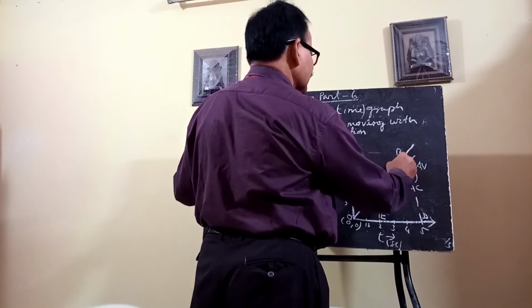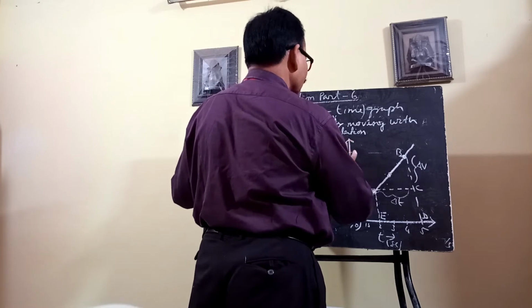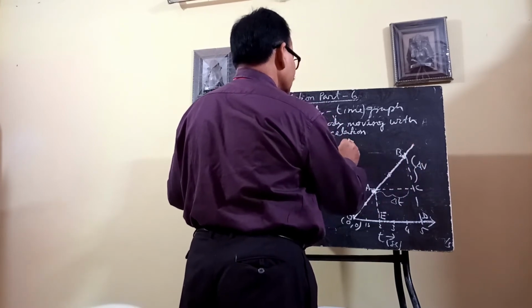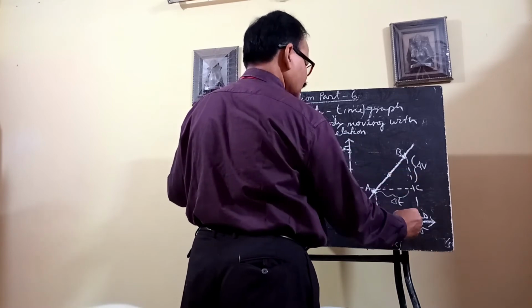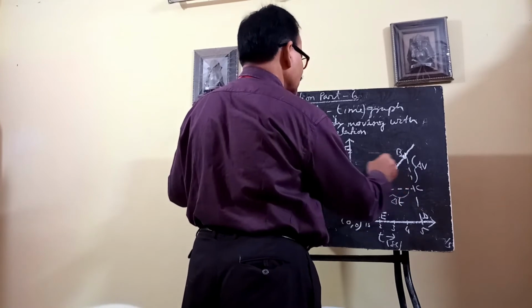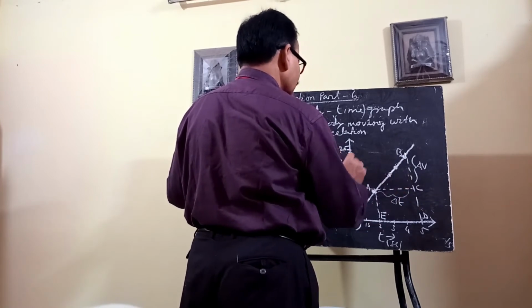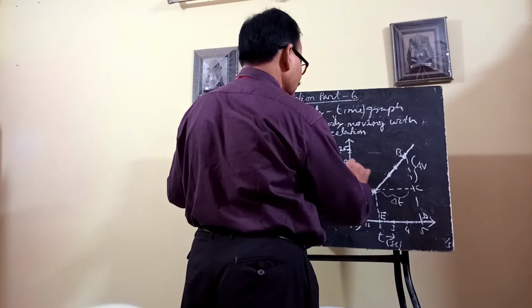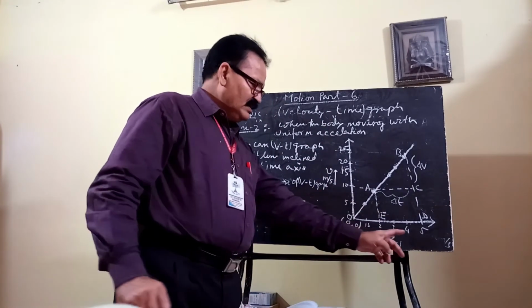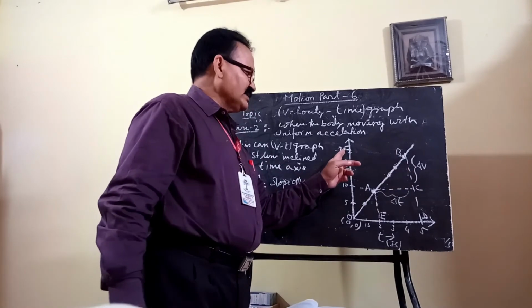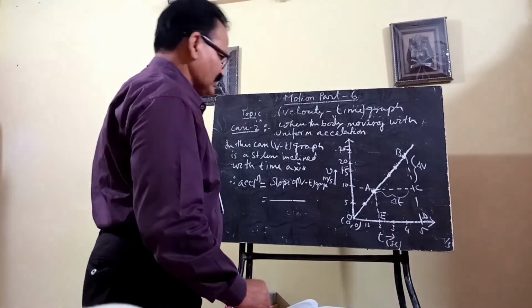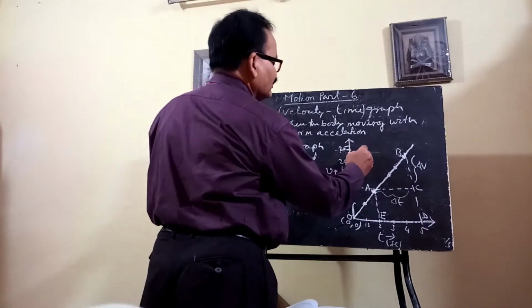Okay, so in 5 seconds, say the body has acquired a velocity of 25 meter per second. So here, this is your 25.